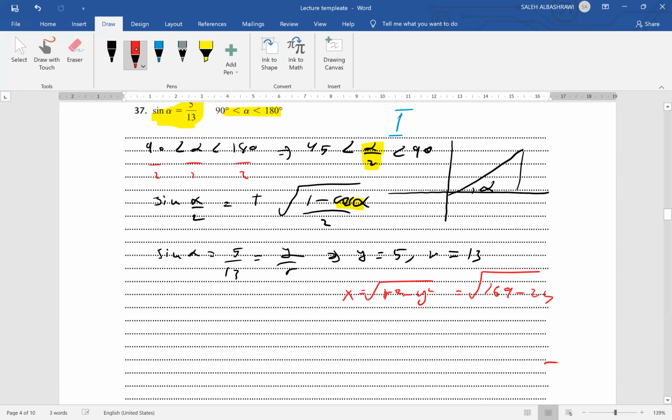That will give me the square root of 144, which is equal to 12. So x equal to 12. Now I have x. So cosine alpha will be x over r, and it is negative because alpha is in the second quadrant, which is equal to minus 12 over 13. Now we have cosine alpha, we can find sine alpha over 2.